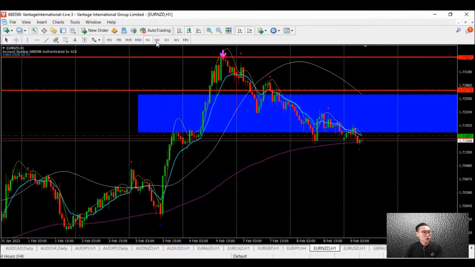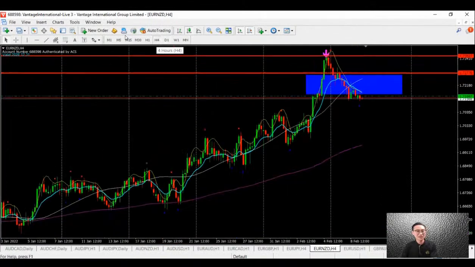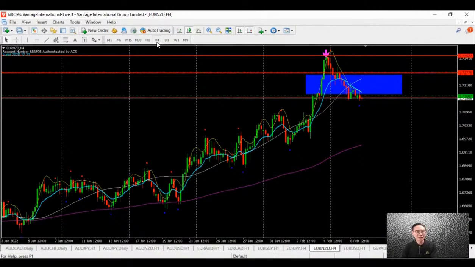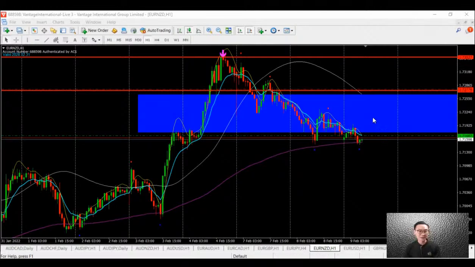Euro Kiwi. Yes, this is something that I'm looking at. Euro Kiwi in the transition today looks like it has opened and gone below the transition area, so that means there's a chance to sell. This is something that just went out of the transition zone.